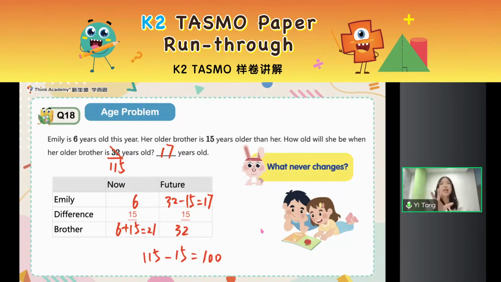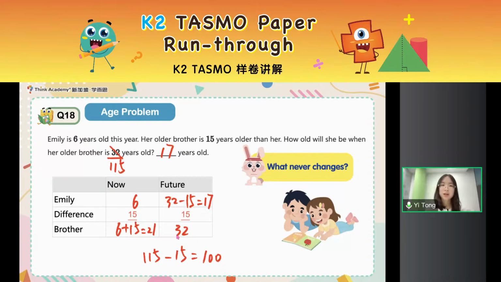Right, so the age difference never changes. And look, you can notice, do we even need their age now? For example, do I even need to know how old her brother is now to get Emily's future age?